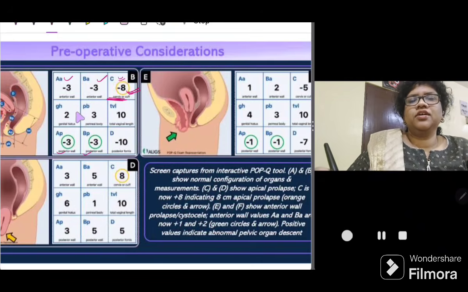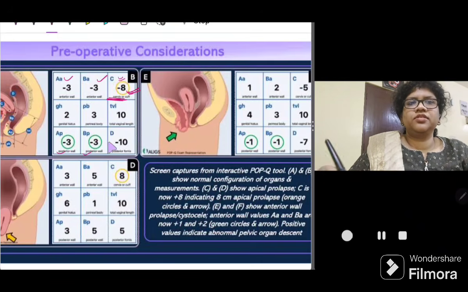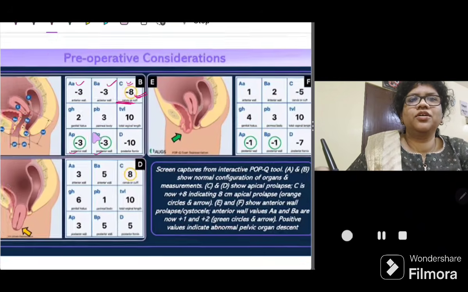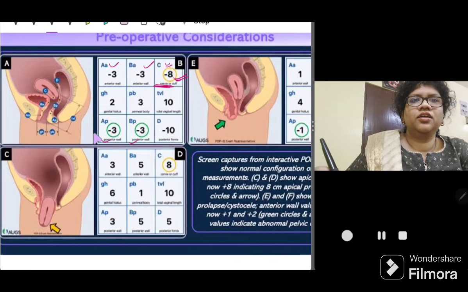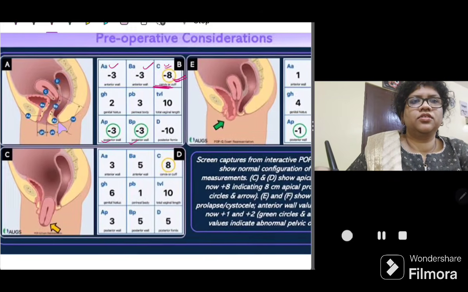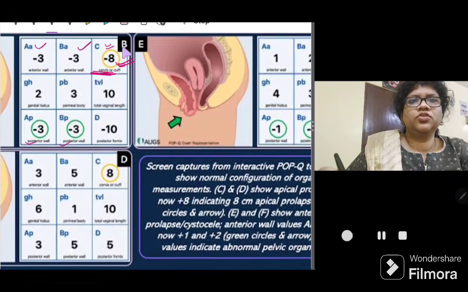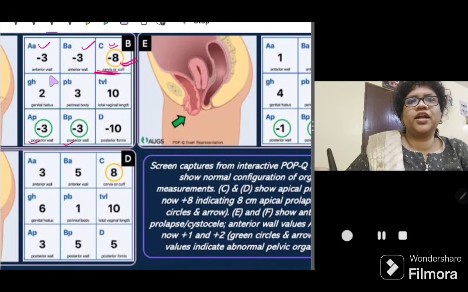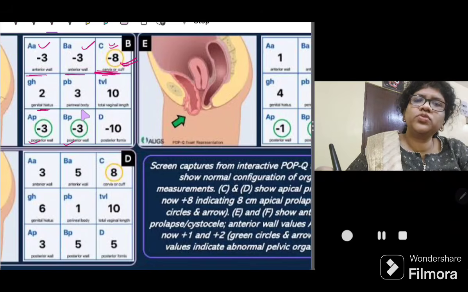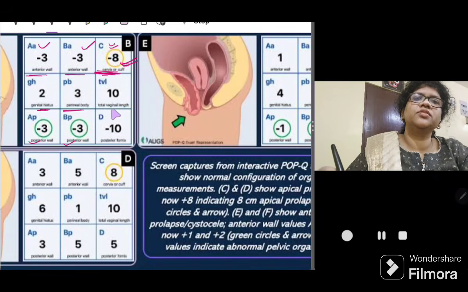So now let's see some of the examples. These images I have got from the internet because they had nice examples which were available. So you can see that in this image the anterior wall is -3, cervix is -8, genital hiatus roughly measuring around 2 centimeter, perineal body 3 centimeter.